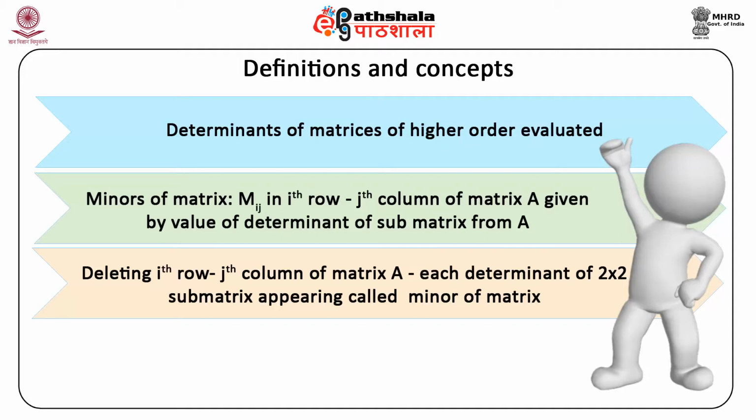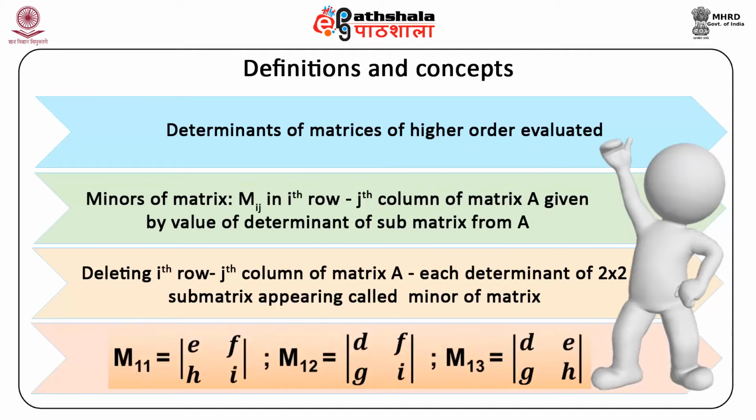For example, M11 is equal to determinant [e, f; h, i], M12 is equal to determinant [d, f; g, i], M13 is equal to determinant [d, e; g, h].